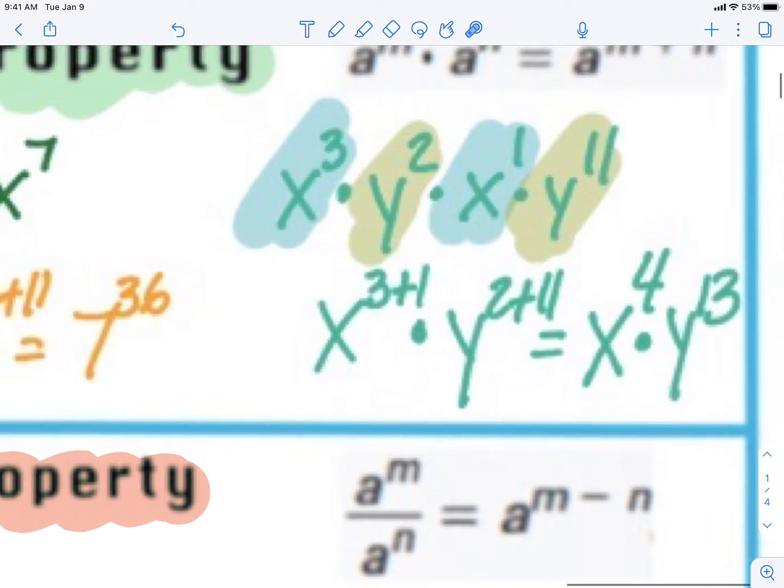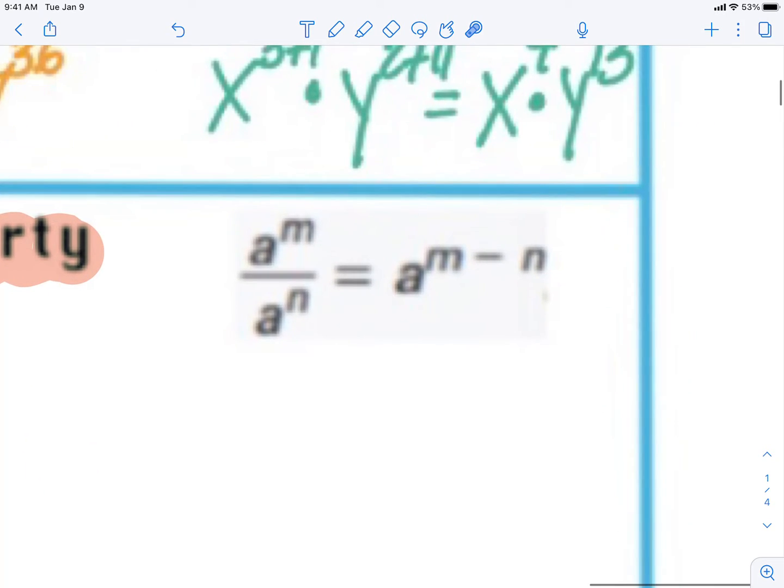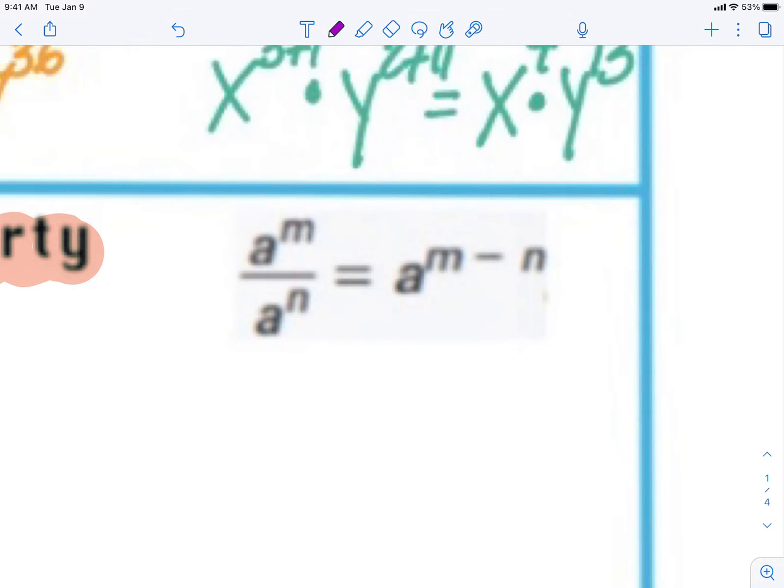This makes sense because look at this rule. You remember this rule? When we multiply the same base, we add m and n, m plus n. So the opposite of multiplying is dividing, and the opposite of adding is subtracting.